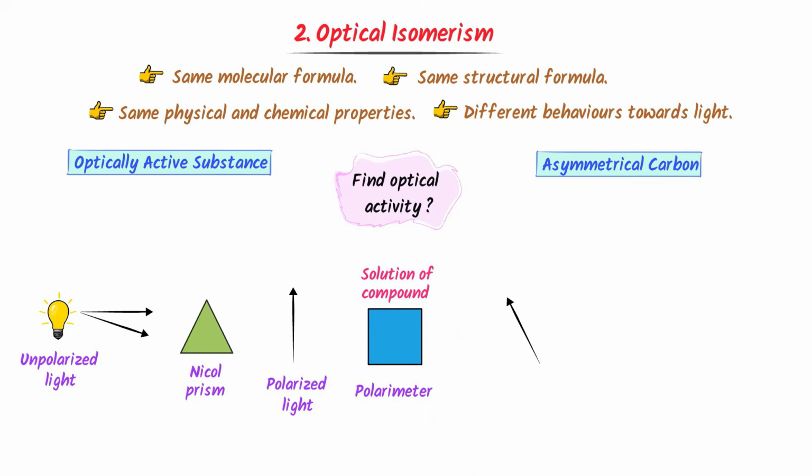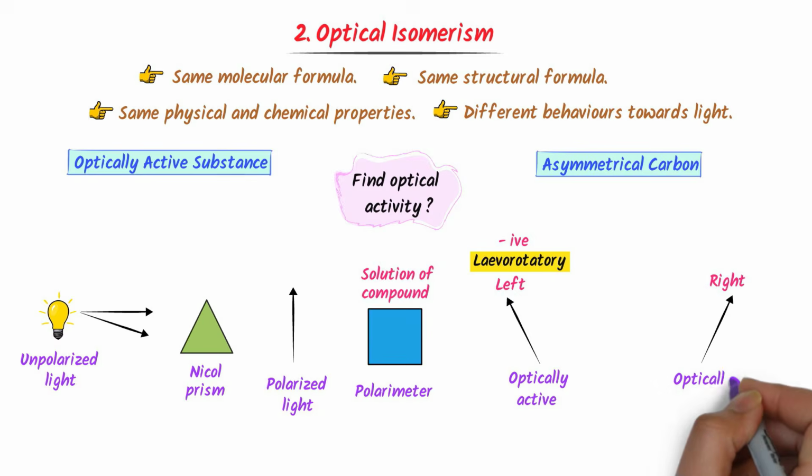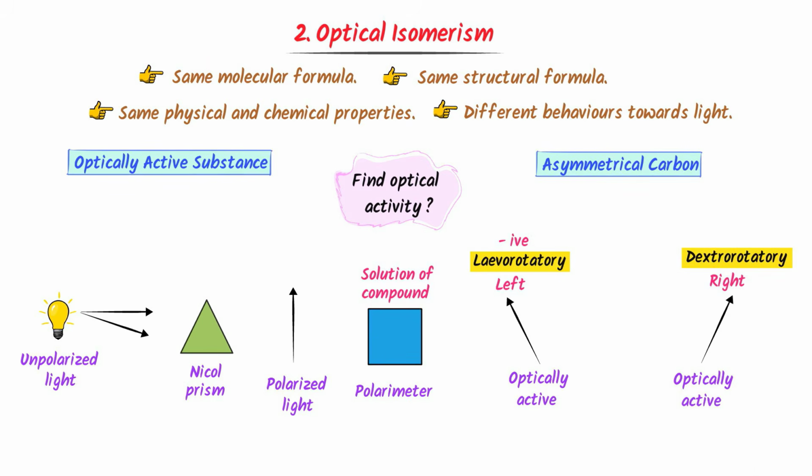If the light is rotated in the left direction or anti-clockwise direction, the substance is optically active and we call it levorotatory compound. We represent it by a negative sign. If the light is rotated in the right direction or clockwise direction, the substance is optically active and we call it dextrorotatory compound.